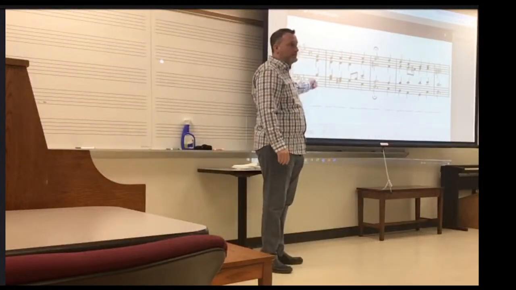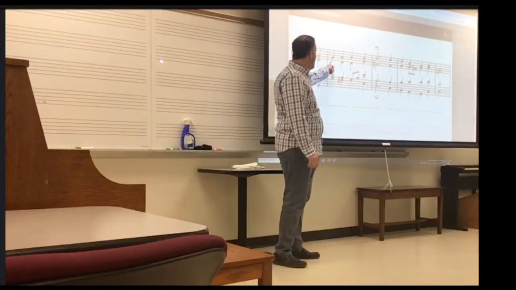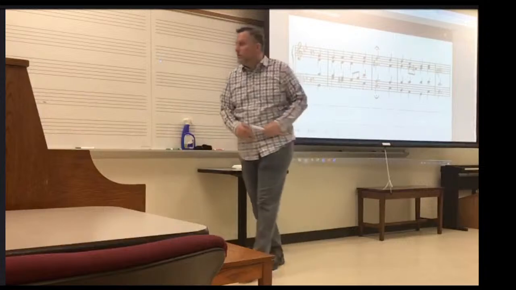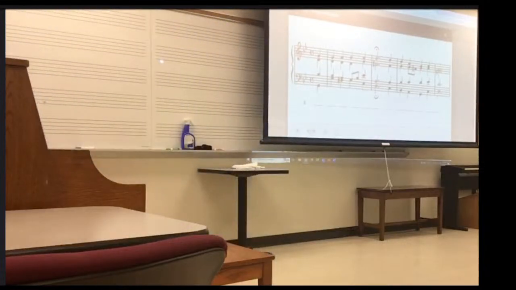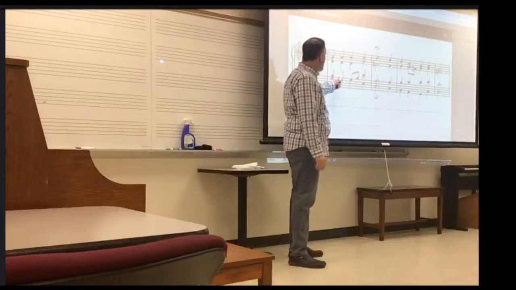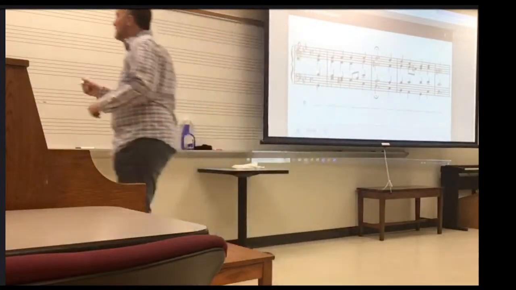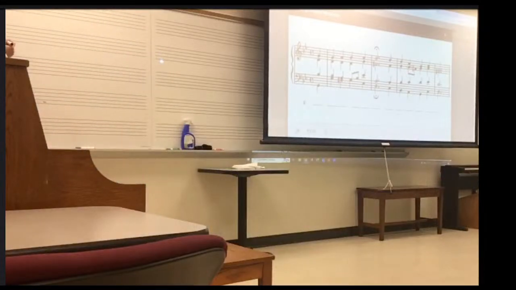Next chord, G, B flat, D, G. That sounds familiar. So we have another 1 chord in root position. Next one, F sharp, A, D, A. I want to reorganize them so I can see a root position triad here.